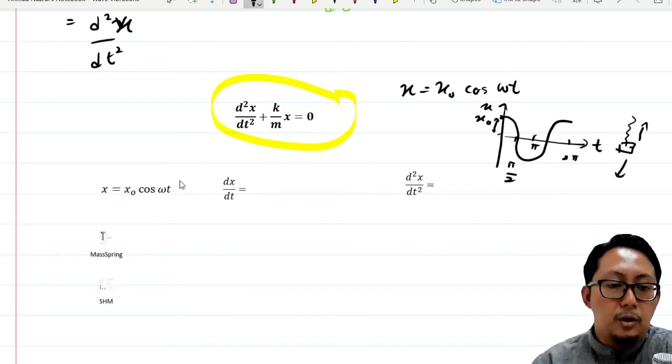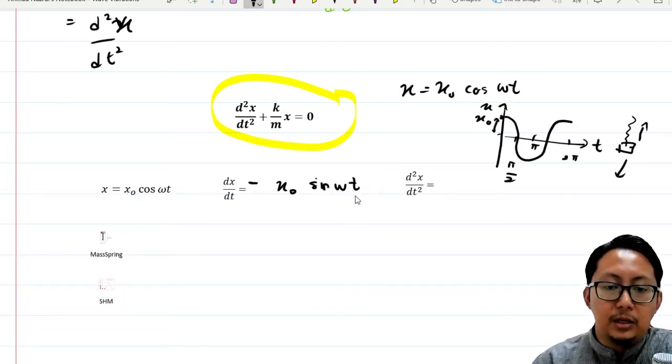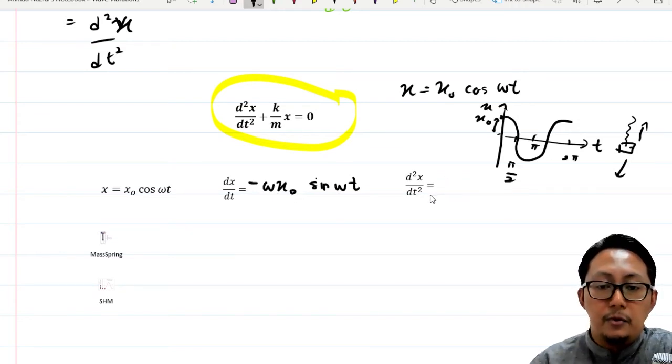So we differentiate x naught cos omega t. Because x naught is a constant, when we differentiate cos omega t, we have minus sine omega t, and then we differentiate the inside, so we bring omega to the front. For the double differentiation, we differentiate sine omega t, and we have again cos omega t.